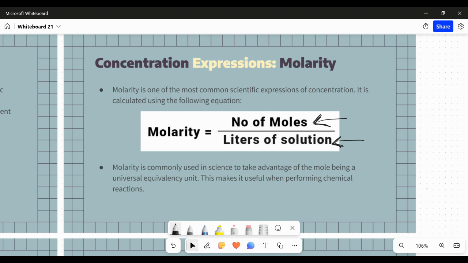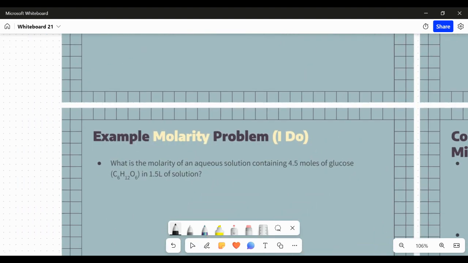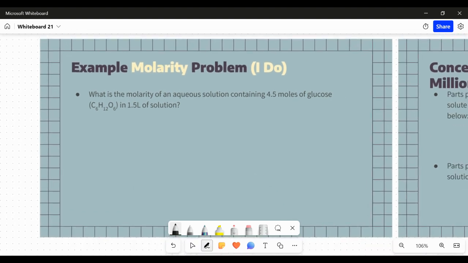Okay, so let's look at an example of this. Okay, so here's an example problem. It says, what is the molarity of an aqueous solution containing 4.5 moles of glucose in 1.5 liters of solution?